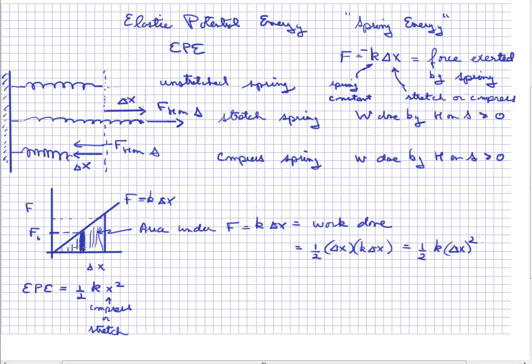If I sum all of those bars all the way from here to here, it's going to represent the area underneath this straight line, and that is going to represent the work done, because each one of these bars represents the work done for a small displacement.